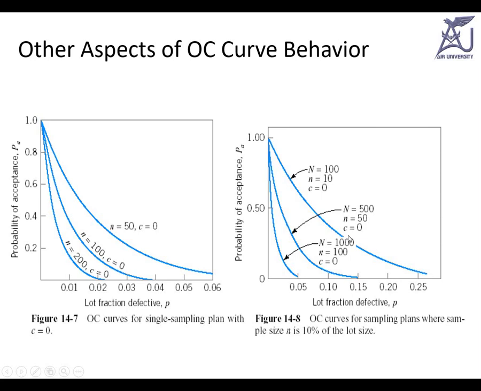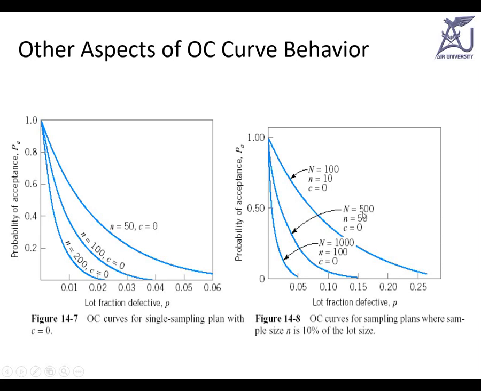So here again, if your n and c both are changing, here N is 500, n is equal to 50, c is equal to 1, N is equal to 1000, and small n equal to 100. And here you can see that the sample size is basically increasing. Here you can see it was 50, now it has gone to 100.